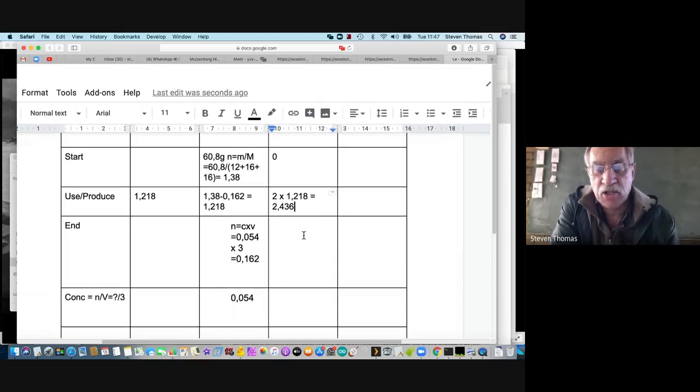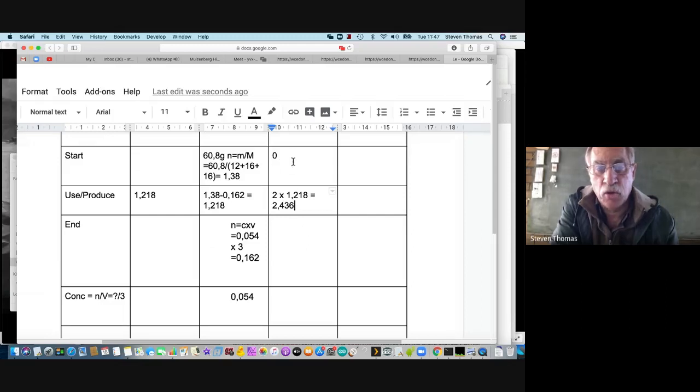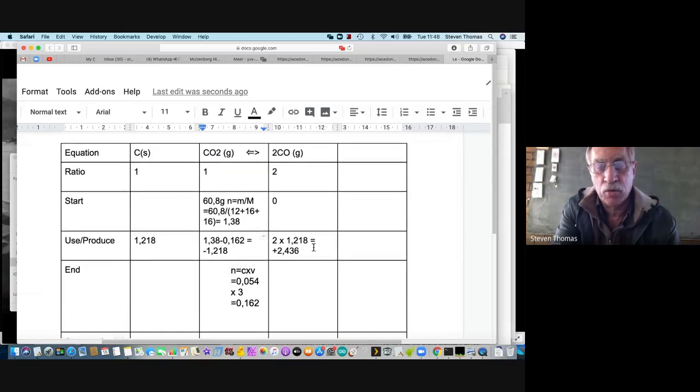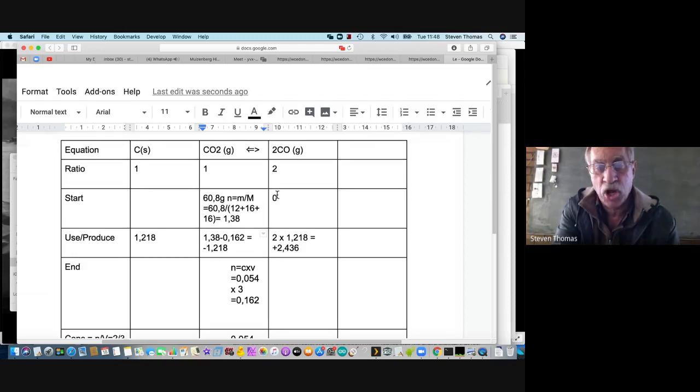So can anyone tell me, if we start with no moles of that, we make that, we subtract that, how much do we end up with of CO? We start with naught, we make 2.4 moles.